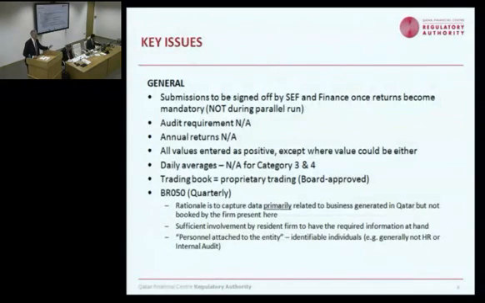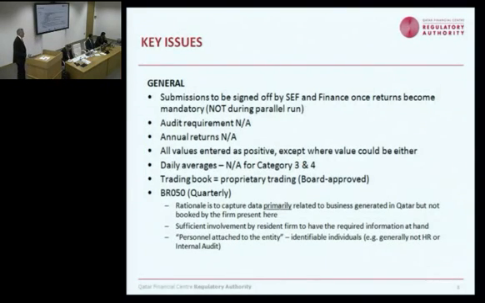The fact that you have a position doesn't mean it's a trading position. If you hold debt instruments, that doesn't mean you're trading them. Trading is very specifically defined as being proprietary trading. You have a trading desk, and that has separate capital requirements. So that is what we mean by trading. If you're not clear, just glance at the instructions. I think it is spelled out in some detail there.